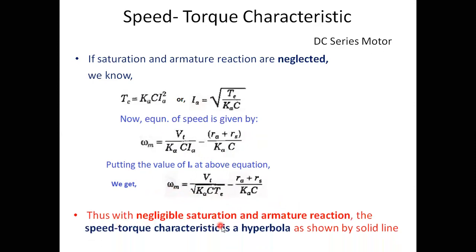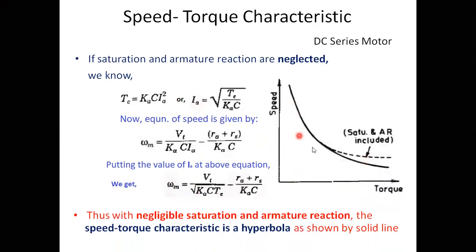Now, with negligible saturation and armature reaction, the speed torque characteristic is a hyperbola. So it is the equation of a hyperbola. It is given by the solid line, and if we consider armature reaction, then it will shift upwards.